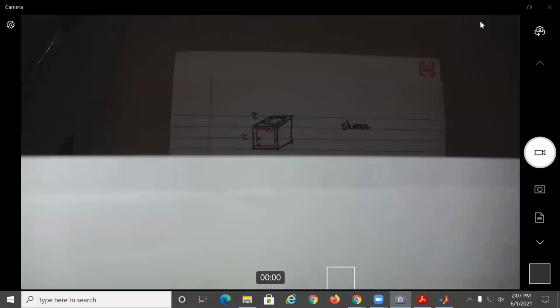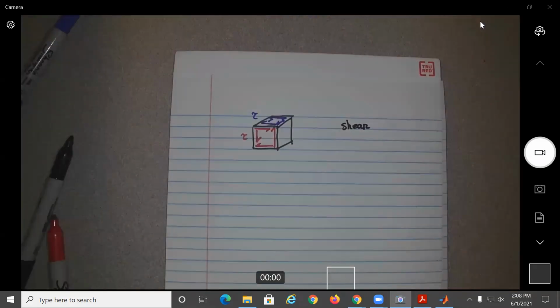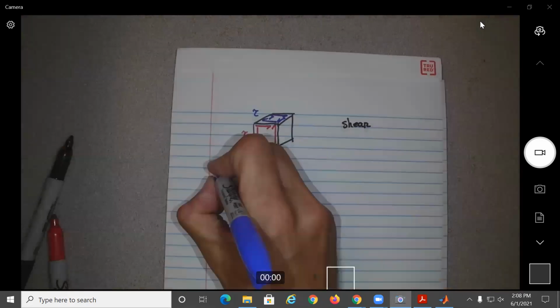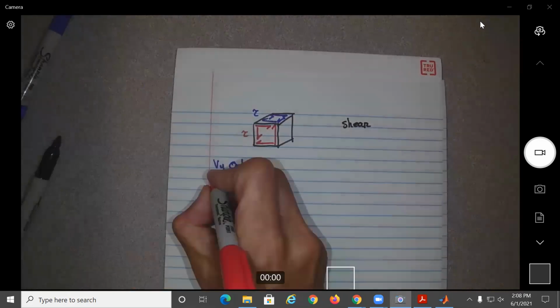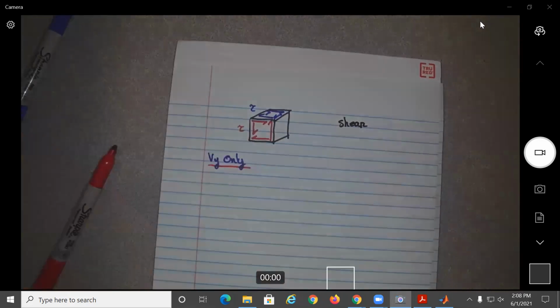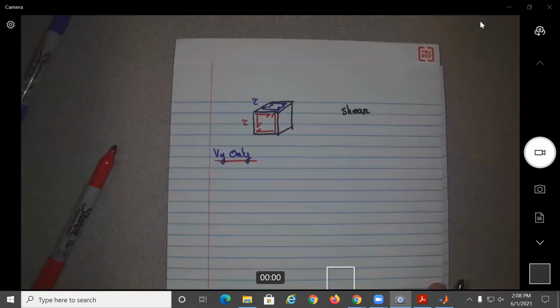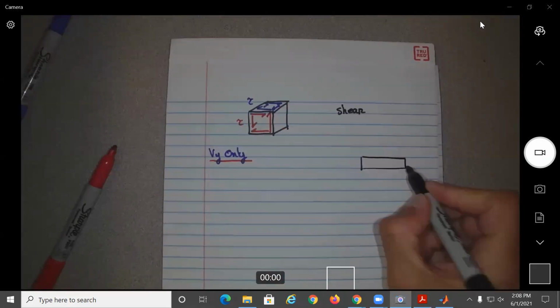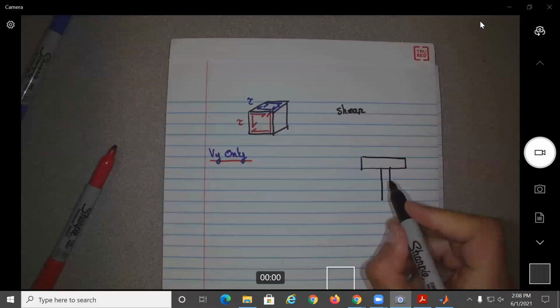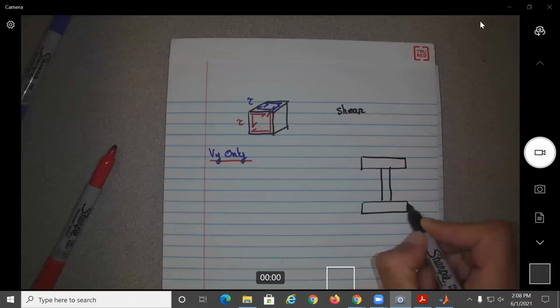Now let's do the same thing by using VY only. So let's see, which way did I do this? Okay, so VY only. Once again, I'm going to redo the figure very quickly.